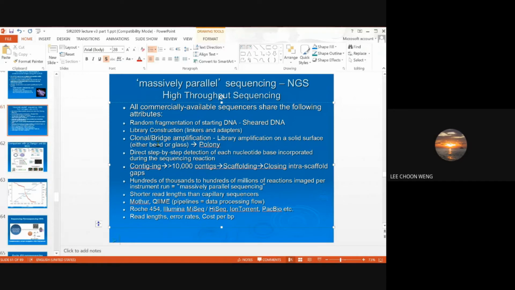Library construction, so they will use linkers and adapters so that they can recognize the different parts of the sample. Okay, so for example, it doesn't make sense to run one sample for a MiSeq run, because the amount of data possible from one environmental sample is only maybe 1 gig.